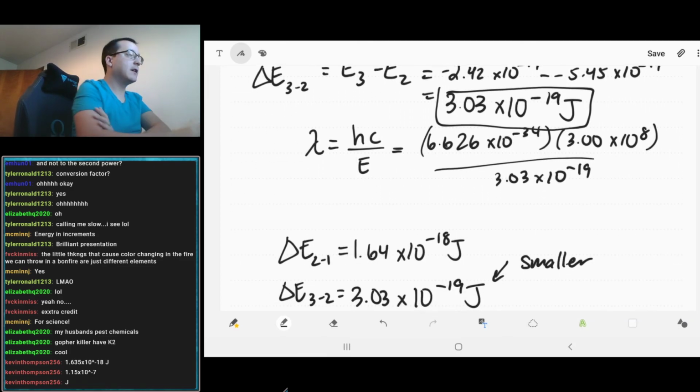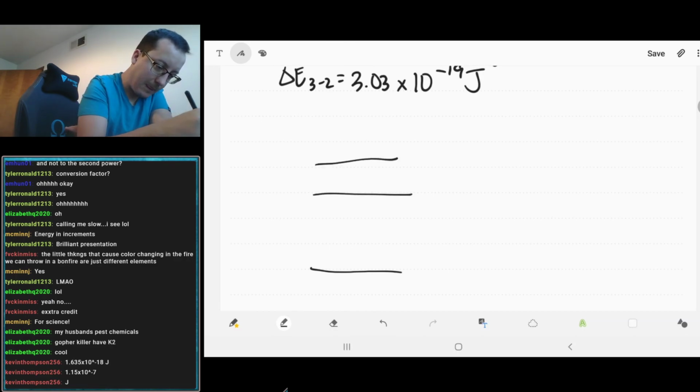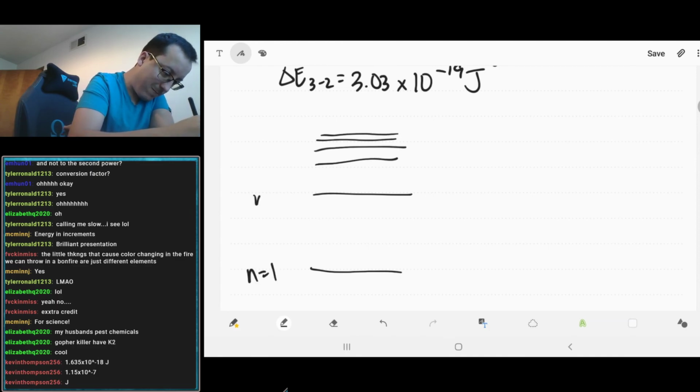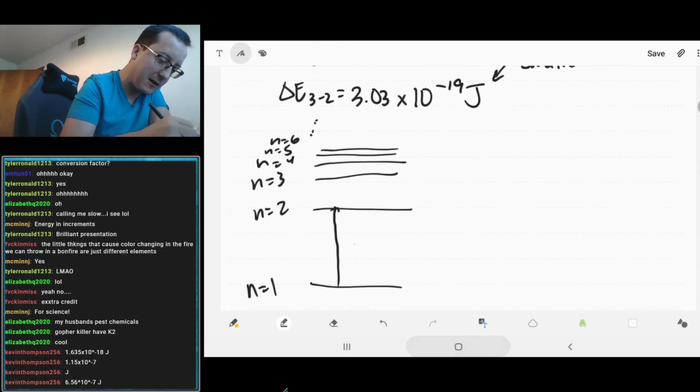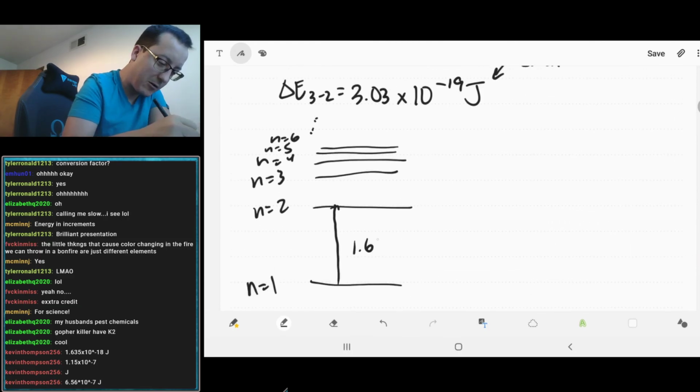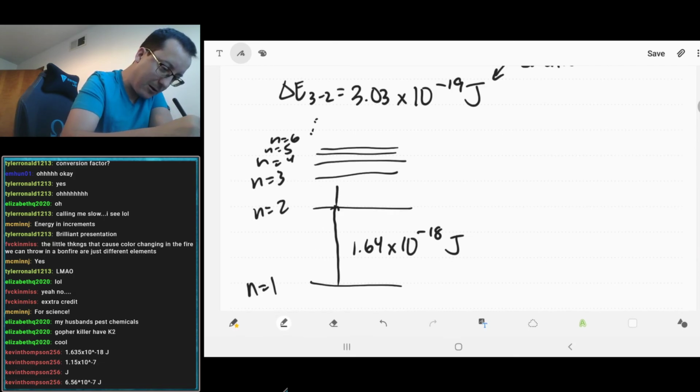Okay, so while Kevin is calculating the wavelength for us, we can display this. We saw that this difference, look, it's very similar to those horrible enthalpy diagrams, weren't they? 1.64 times 10 to the negative 18 joules from 2 to 3.